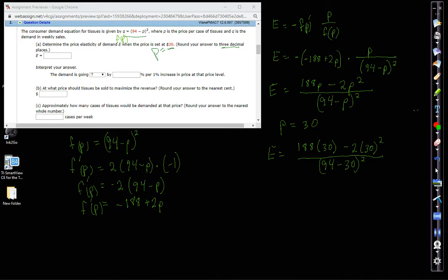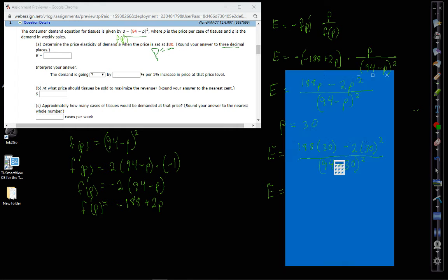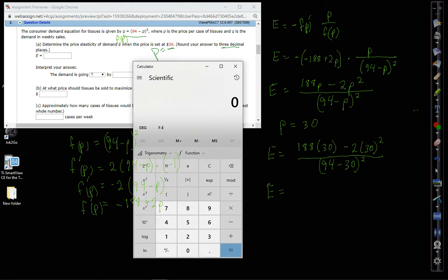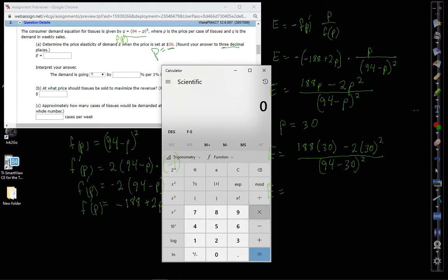Okay, so a little bit of calculator help here. 188 times 30 is 5640.